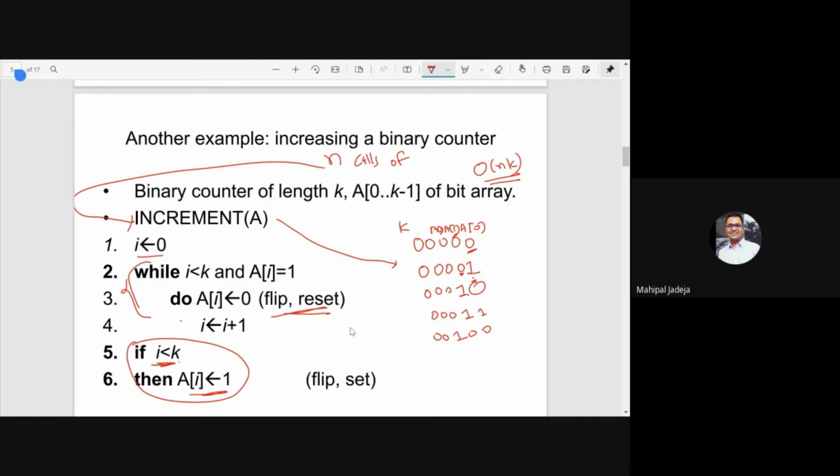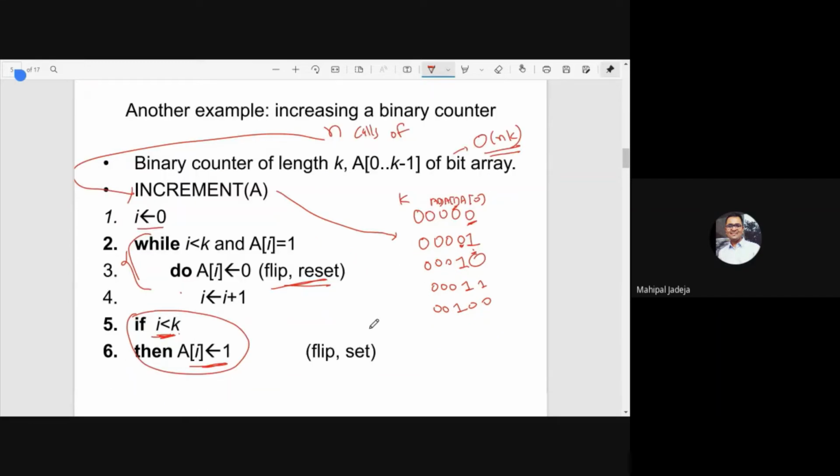So that means order of nk. Are you with me, if we follow our traditional analysis? Yes, right? But now we need to explore the dependencies of this set and reset, and then we'll intelligently analyze and refine our analysis with the help of, again, aggregate analysis, which is nothing but a technique of amortized analysis. Okay.